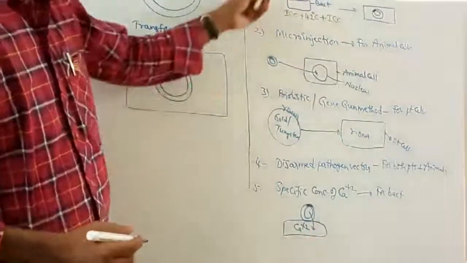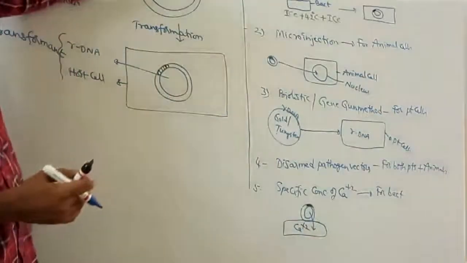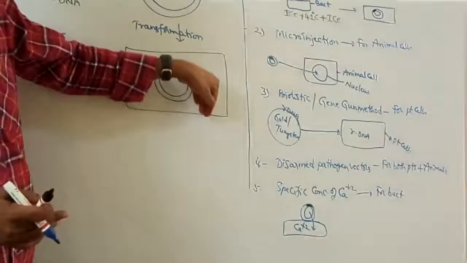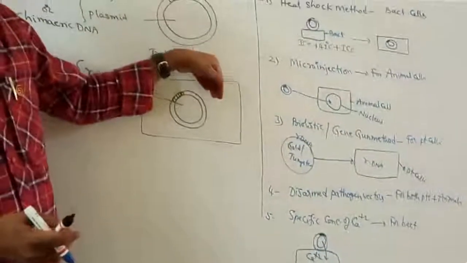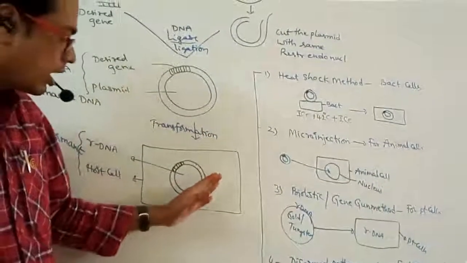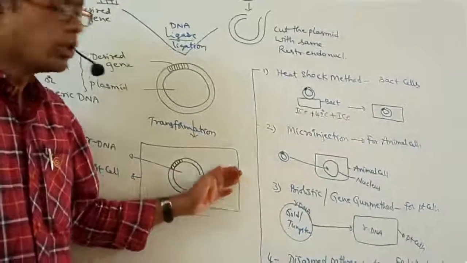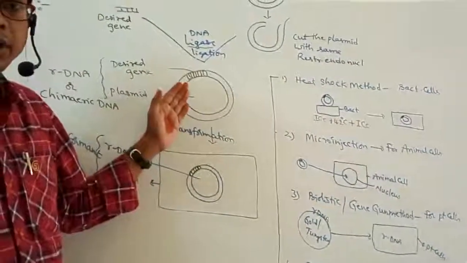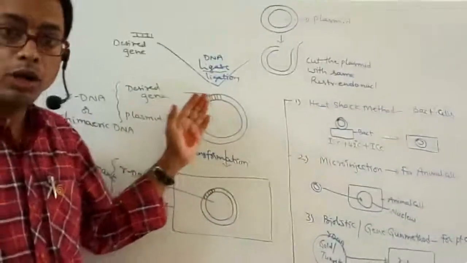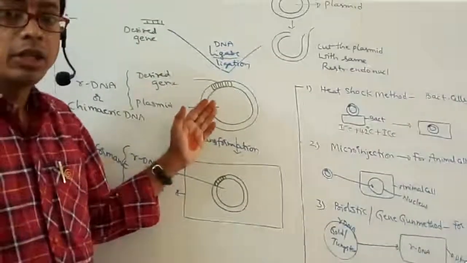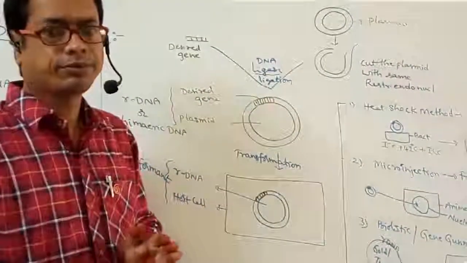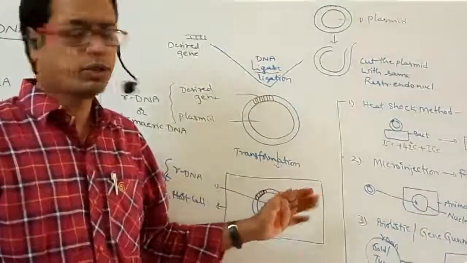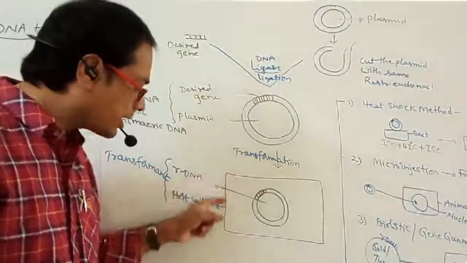Okay. So, try to remember, transformation has different methods. It depends upon the host cell, whether it is heat shock method, biolistic method, microinjection, or disarmed pathogen vectors.